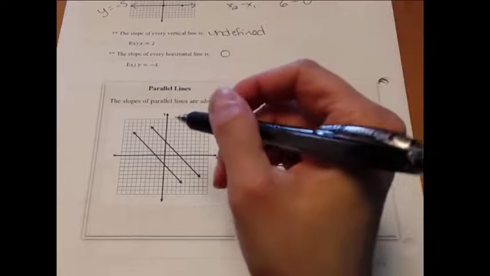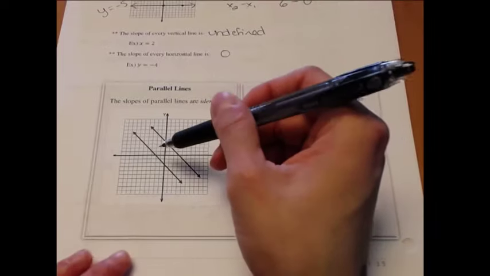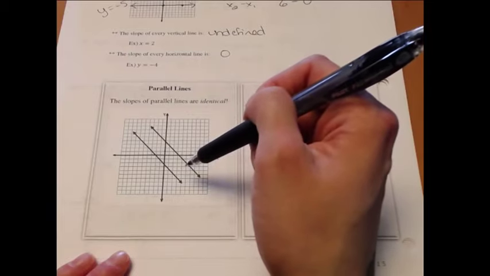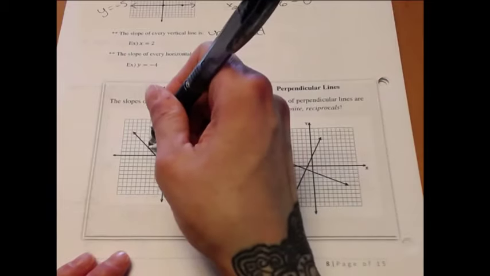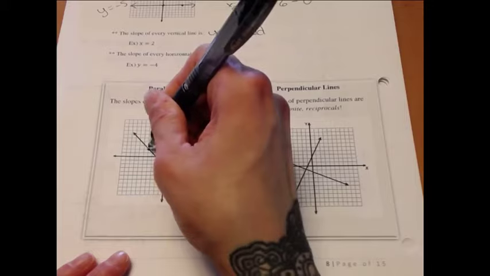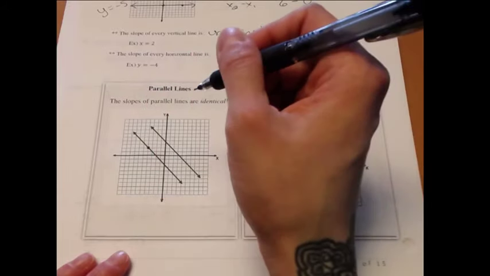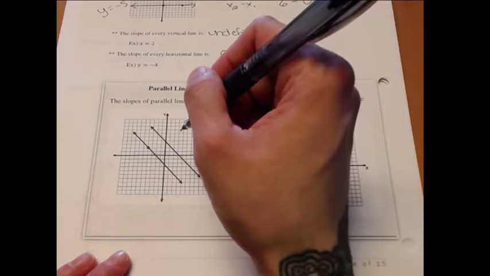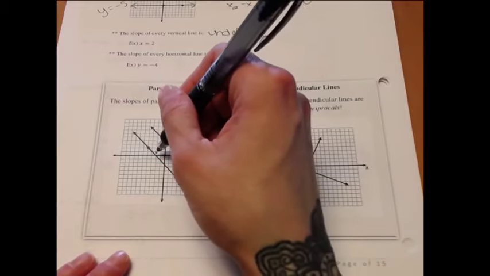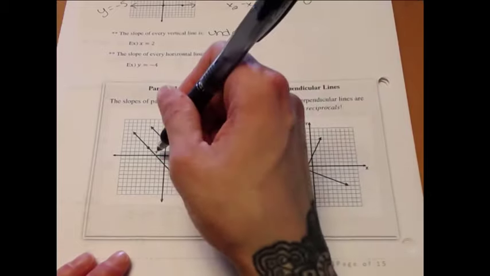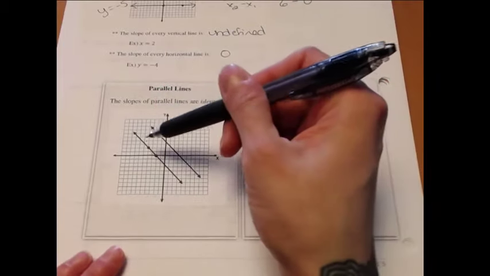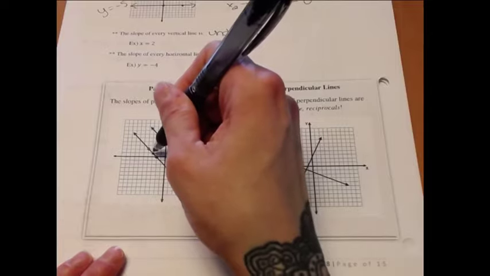So let's just say for a moment that our first line has a slope of, let's see, it's not perfect on this line, but let's just say that this is perfect. It's not exact, but no big deal. So then that means this is also perfect.